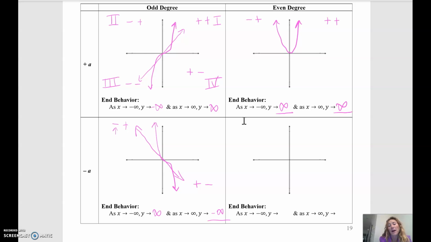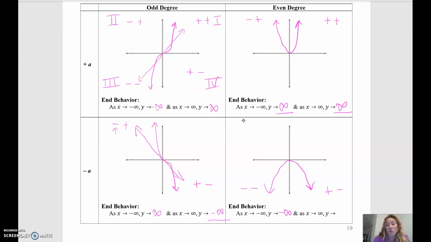Versus we sometimes say that the evens are same end behavior because the y value was going to positive infinity and then again positive infinity. The y was going in the same direction. So when I think of a parabola that has a negative a value, it's also facing down. And so that one is negative, negative, and then positive, negative, meaning that as x goes towards negative infinity, y goes towards negative infinity.